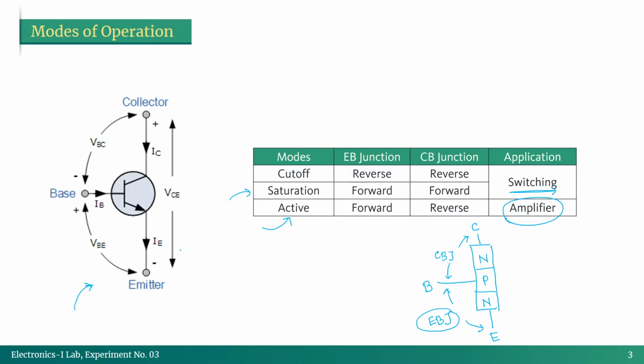So here you can see that the current going through our emitter can be called IE, the current going through our base is IB, and the collector current is IC, right? You already know those, I think.